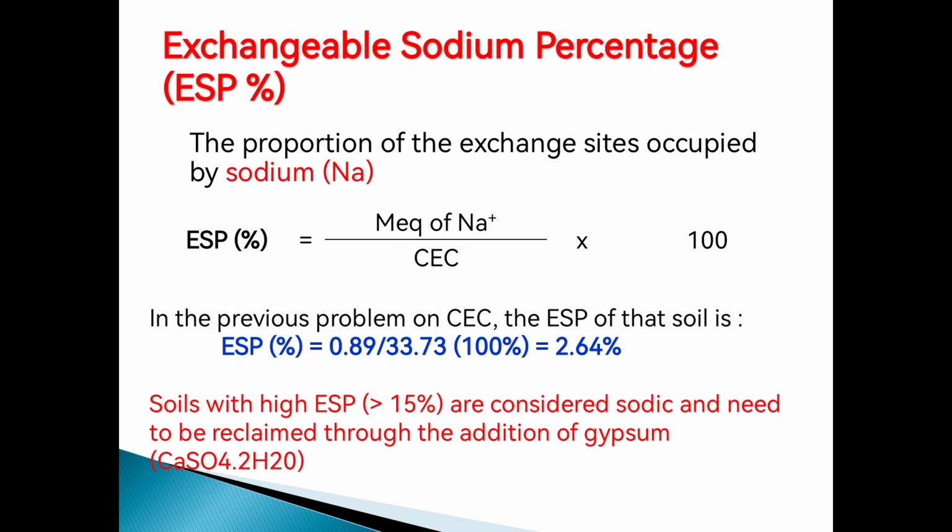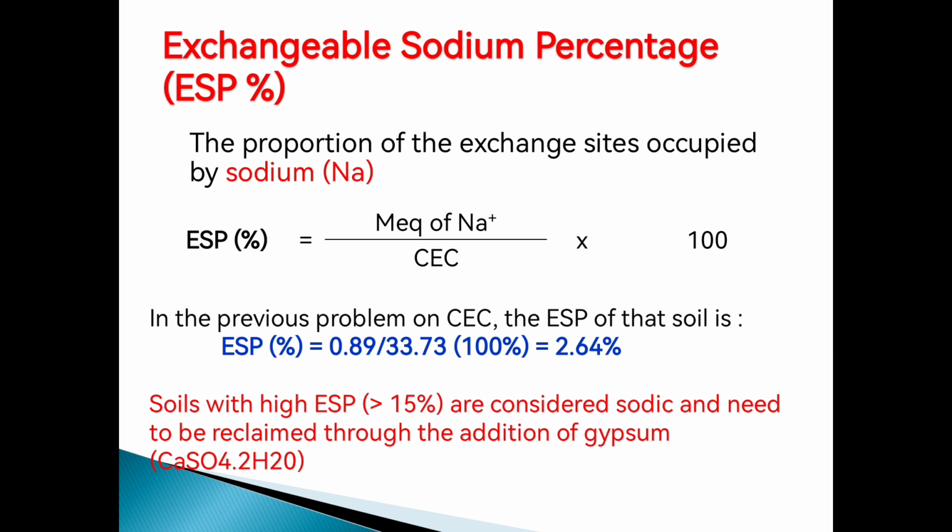Then we also have another topic, which is the exchangeable sodium percentage, or ESP. This is the proportion of the exchange sites occupied by sodium. And this is equal to the milliequivalent of sodium divided by CEC times 100.